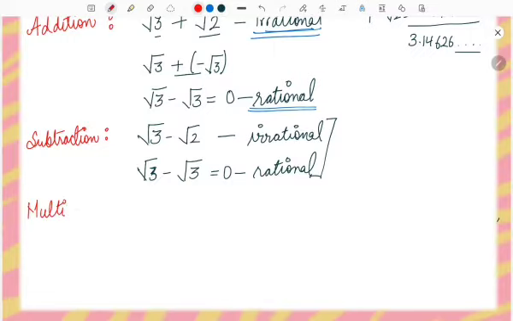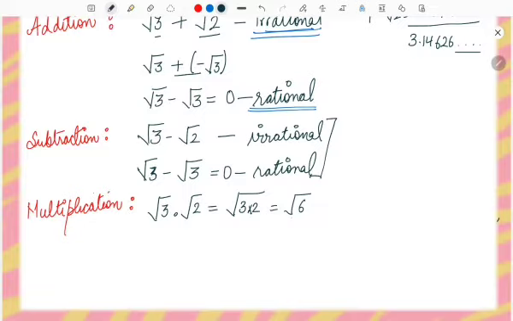Moving on, multiplication. Let's take two examples for multiplication. Root 3 when multiplied by root 2, the answer I am going to get is under root of 3 multiplied by 2, which, it is not point or decimal, it is multiplication. The answer I am going to get is root 6.